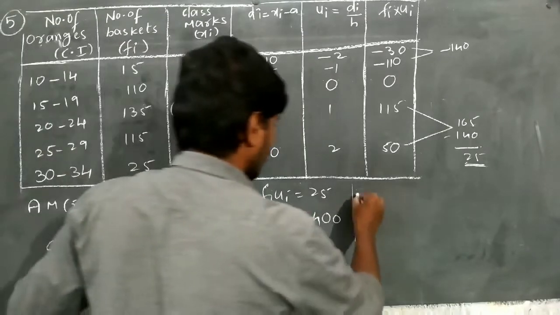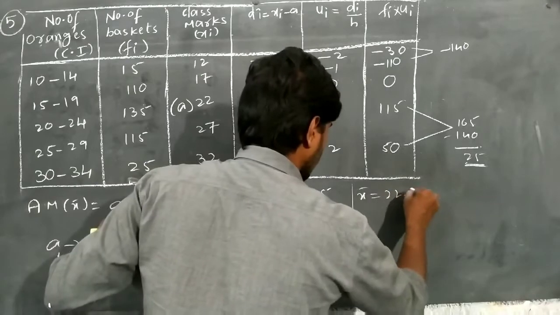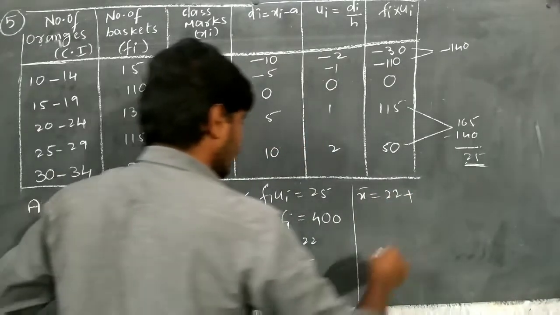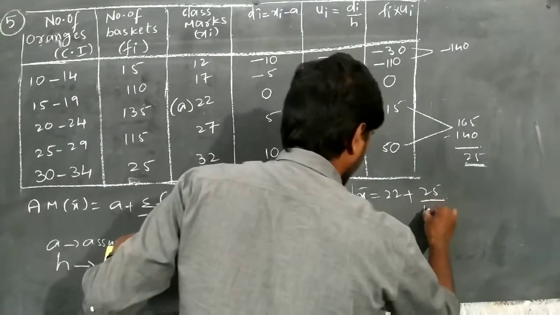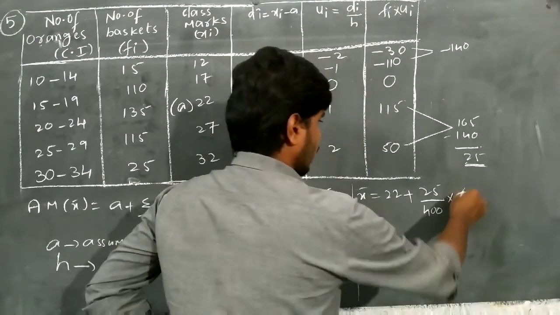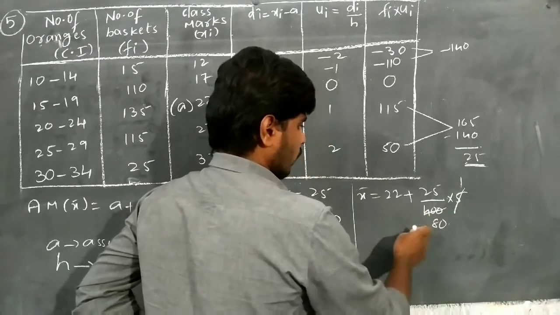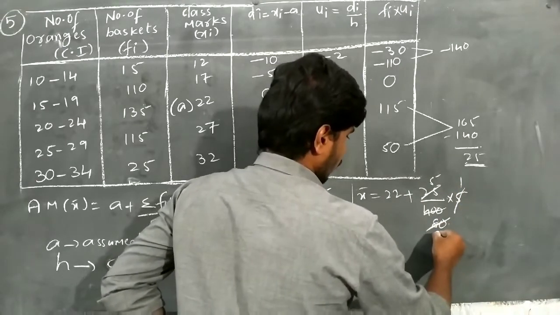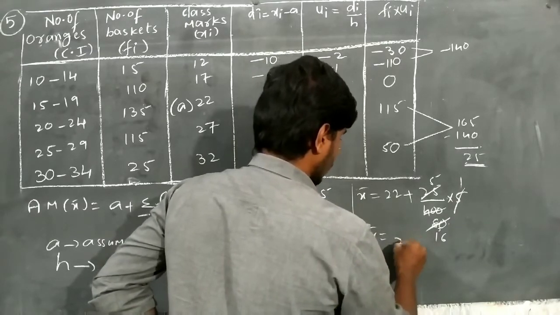So x bar is equal to A, which is 22, plus sigma fi ui, it is 25, by sigma fi, it is 400, into h is 5. Okay, now 5 ones are 5, 5 eighties are 400, so x bar is equal to 22 plus 5 by 16.